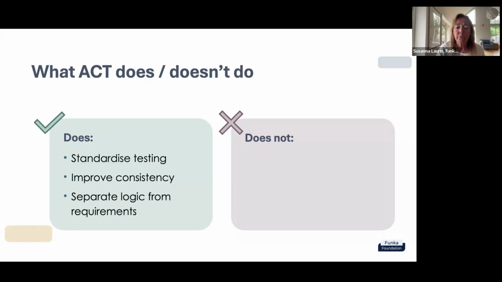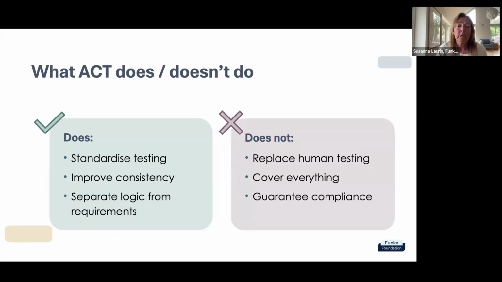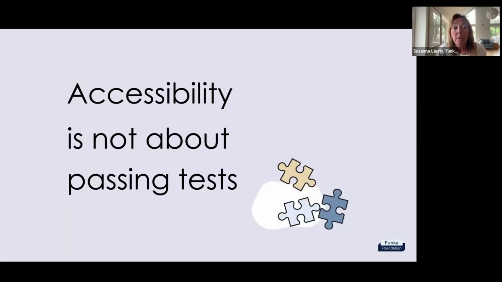So those are really two different ways of looking at accessibility requirements. What they don't do is replace human testing. It cannot replace human testing. And it doesn't cover everything, as we have said several times, and it cannot guarantee compliance. But still, it is a very helpful set of rules.